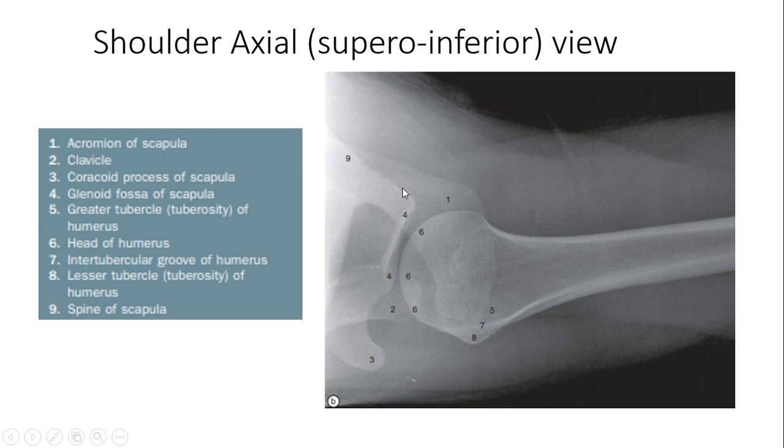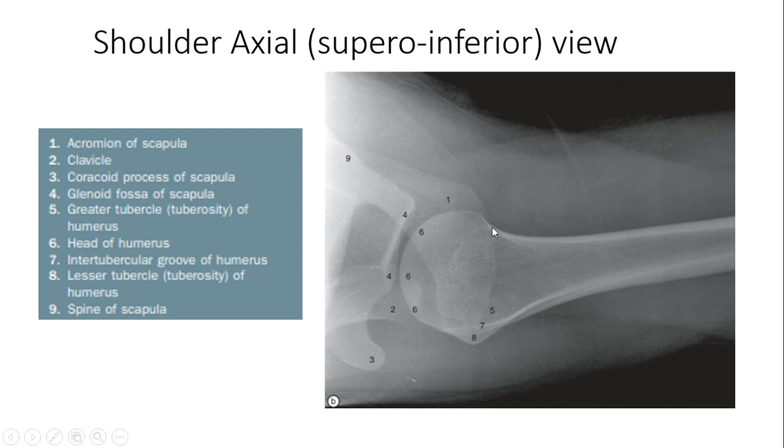So any pathology which is anterior or posterior, you can see on this axial view. If the head is dislocated anteriorly or posteriorly, this is very clear on axial view. Anterior posterior dislocations cannot be seen on AP films.